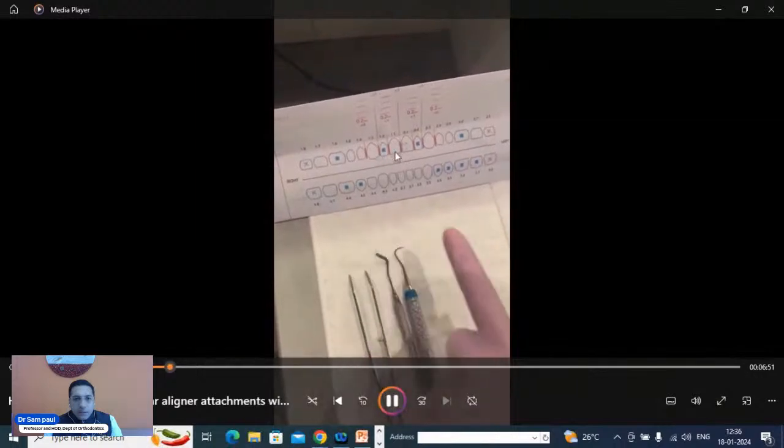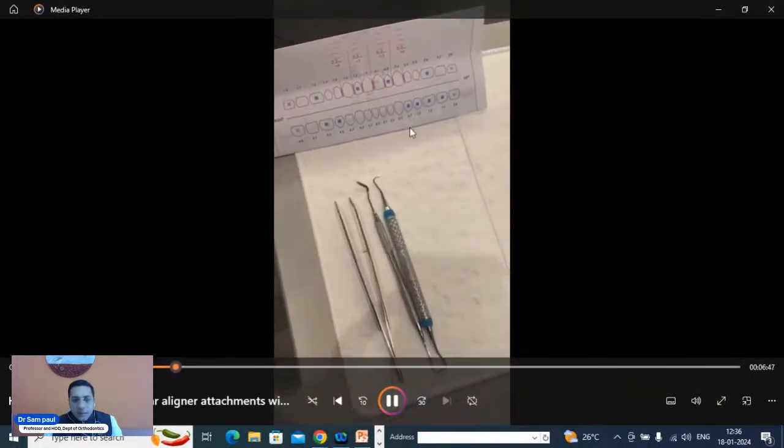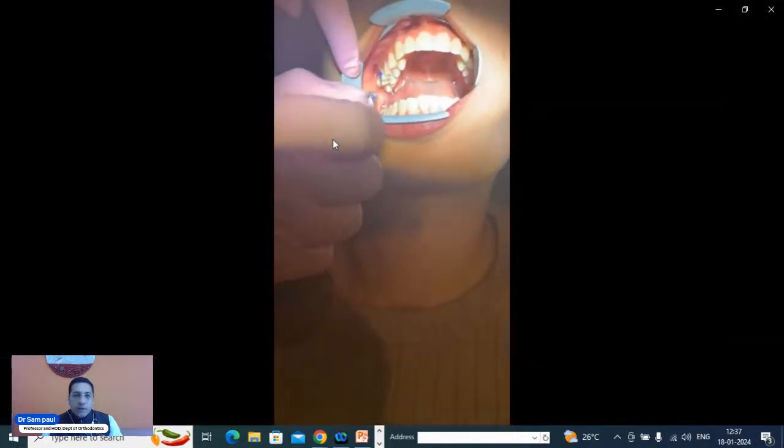See, these are the teeth wherever the attachments are supposed to be placed. Now you prepare the patient. As I told before, you have to do the etching and apply the primer, the same as you do for a composite filling.